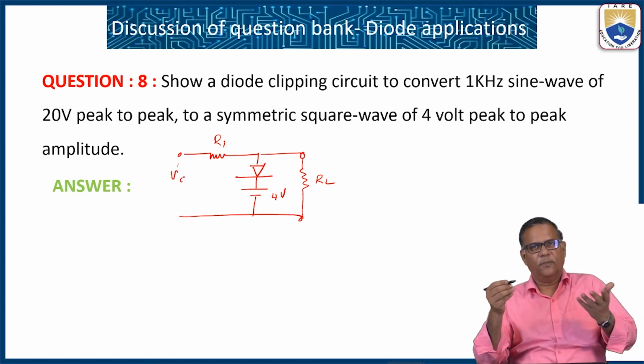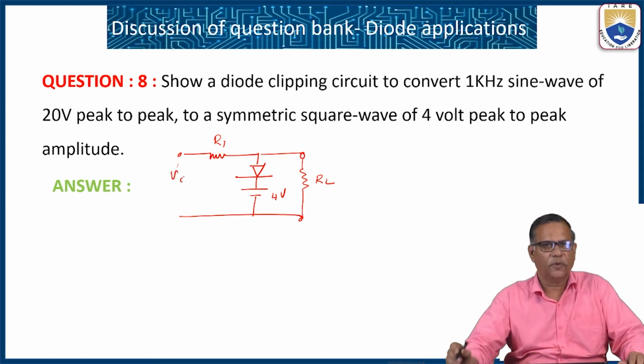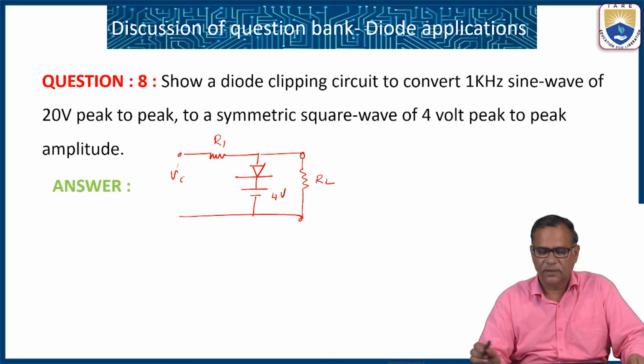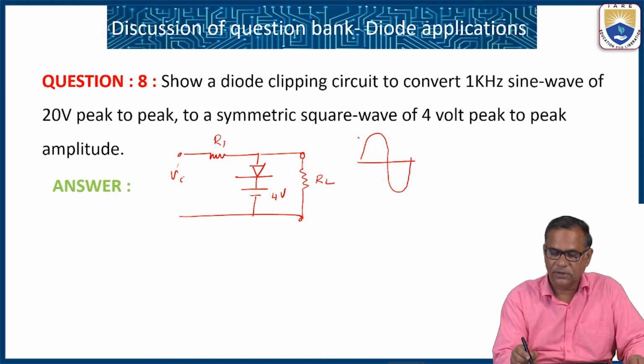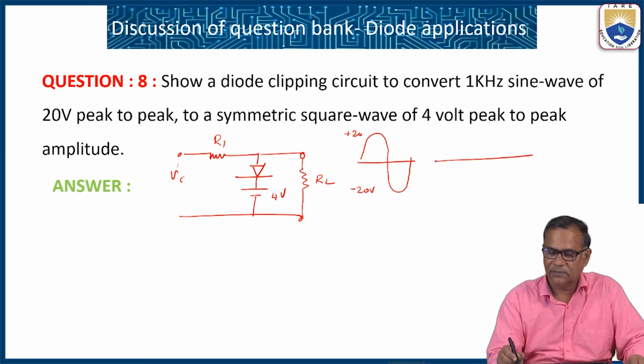So this is the positive clipping circuit. Because we have provided 4 volts here, this gives the output like this. Now let us say the input is like this with a peak value of 20 volts. So this is plus 20 and this is minus 20. So this circuit will give us this waveform. So it is clipped at plus 4 volts.